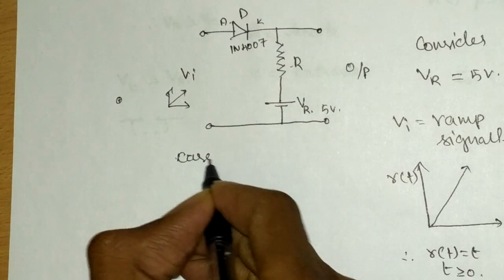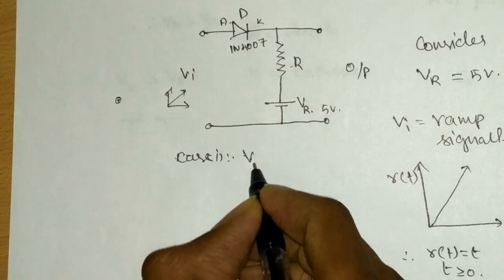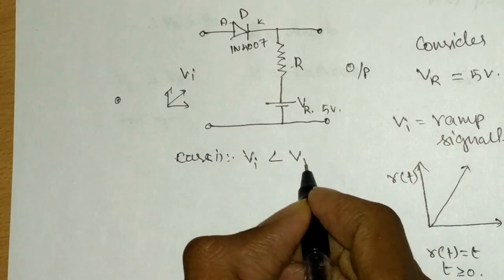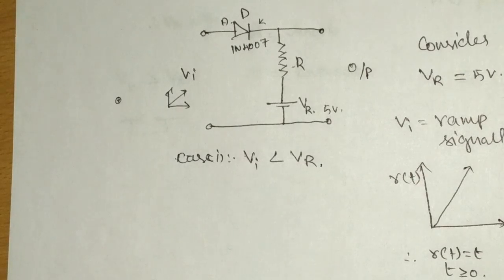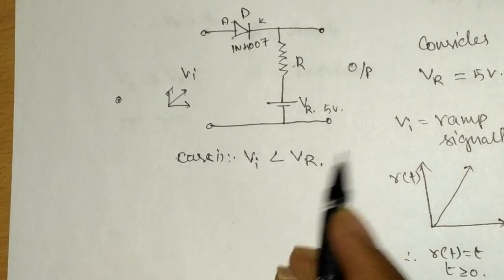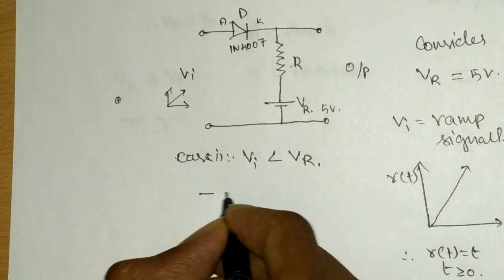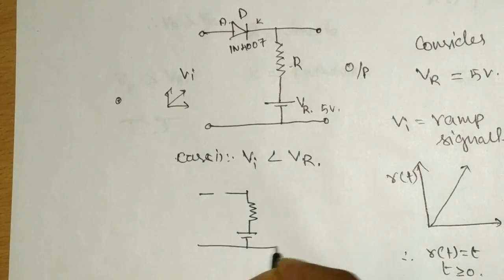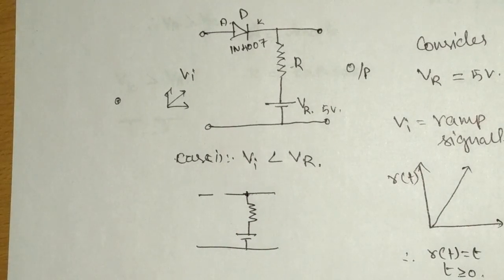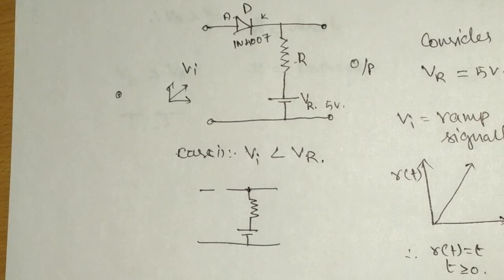Case 1: when the ramp Va is still below VR, at the initial stage Va is less than VR until 5 volt is reached. Until then, the diode looks like an open circuit. So the comparator output is independent of the signal until it attains the reference level.